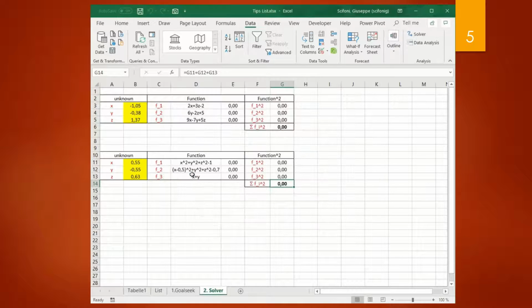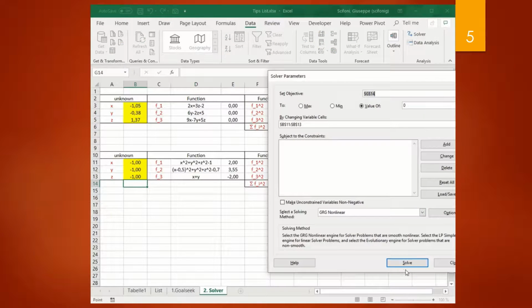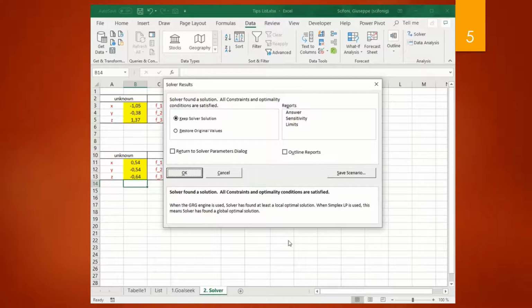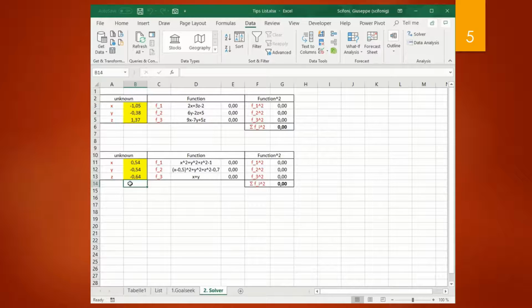Okay, what do we find? 0.55 for x, minus 0.55 for y, and 0.63 for z, the positive solution. But we know that there is also another solution for z negative. So what we can do here, if we are looking for that solution, is input negative guess values for all three. Let's call the solver once again. And this time we get the same values for x and y, but the opposite value for z, which is the second solution.